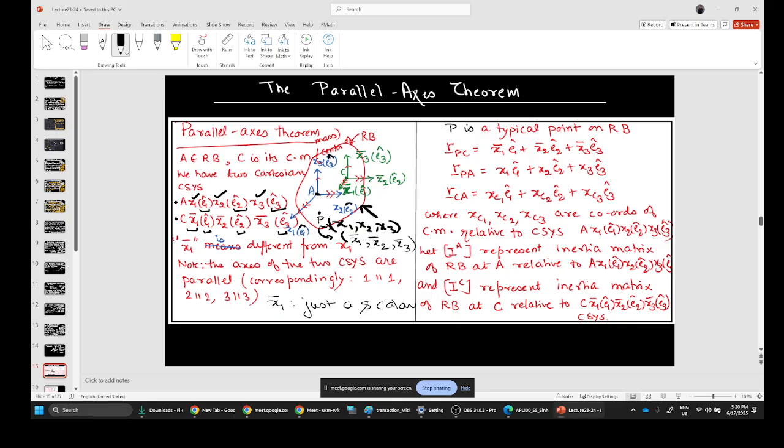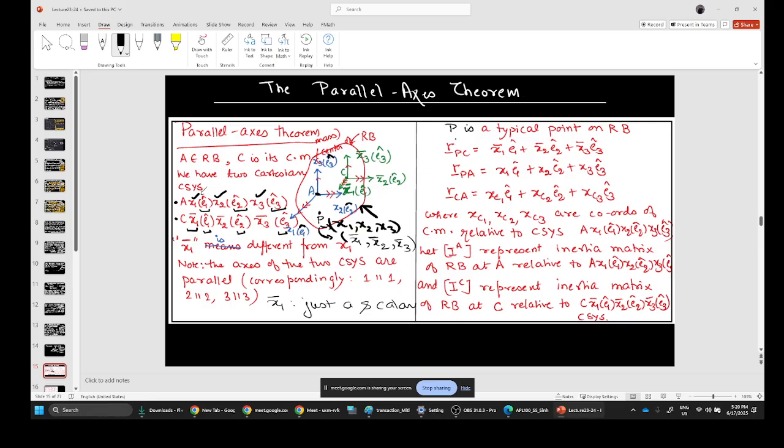I am putting an over bar just to distinguish it from this x1 that is appearing here. Okay. Same point P, x1, x2, x3, coordinates of the point in this blue coordinate system. Same point P, coordinates are x1 bar, x2 bar, x3 bar when your working coordinate system becomes the green coordinate system. Okay.